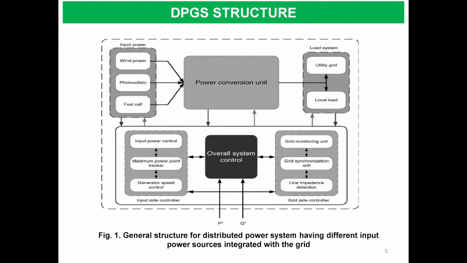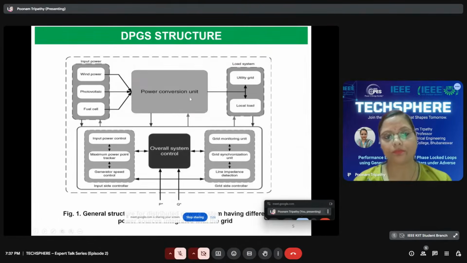Grid synchronization through the PLL ensures that the proper amount of active power flows from the renewable energy sources to the utility grid, whereas reactive power control ensures the proper exchange of electrical power between the renewable energy sources and the main grid, that is our utility grid.